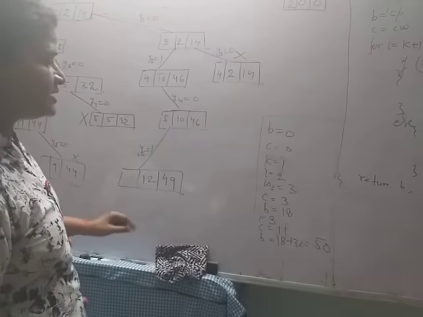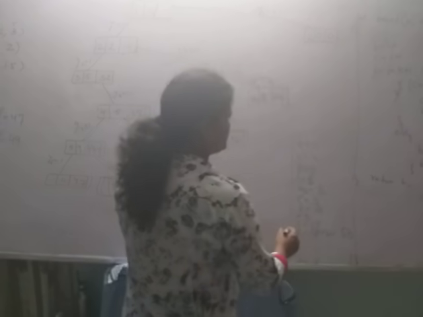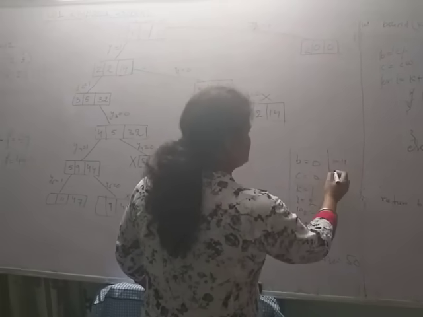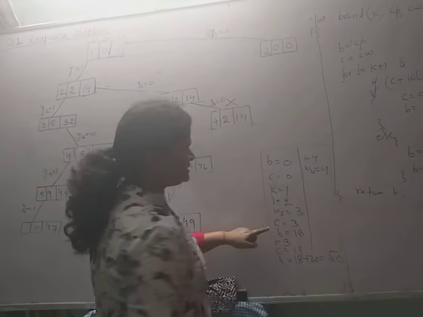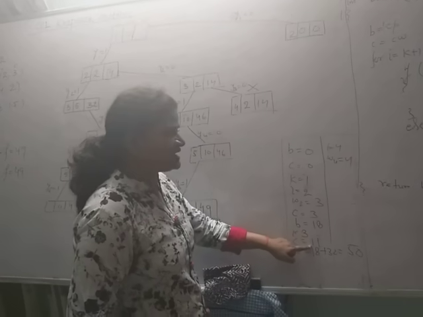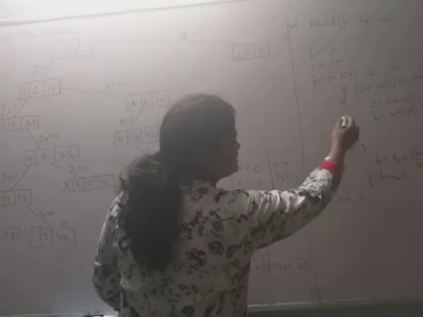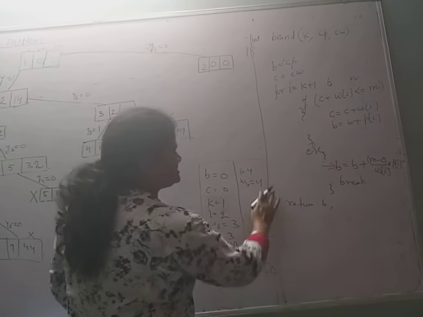And now for the fourth weight, i equal to 4 and w4 is 4, but the current weight is 11. We cannot add 4, so this will go into the else part and I will generate the profit with this formula.